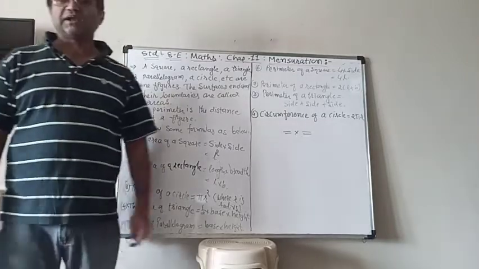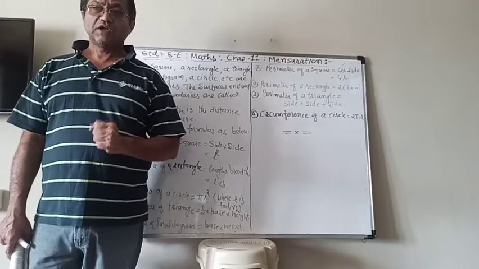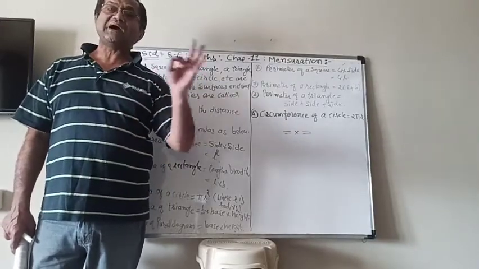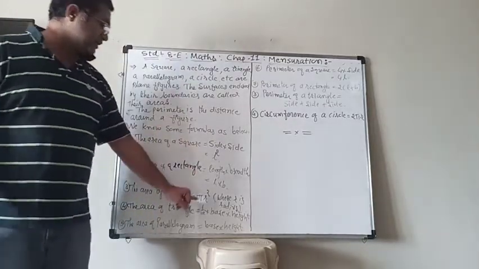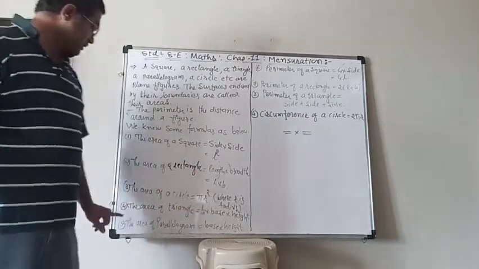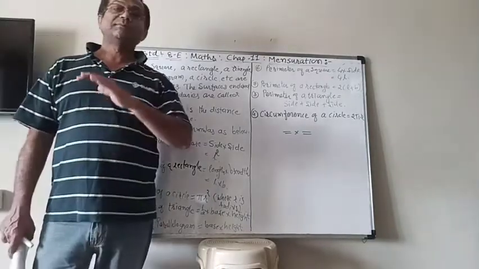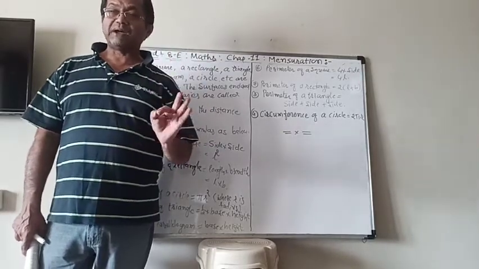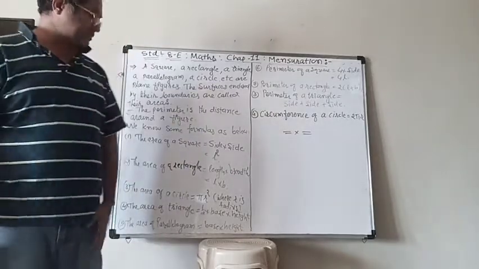Area of a circle, we know that a circle has a radius. So the formula to find the area of a circle is pi r square, means pi multiplied by the square of the radius. The area of a triangle is equal to half multiplied by base multiplied by height. So 1 by 2 multiplied by the length of the base and the height.